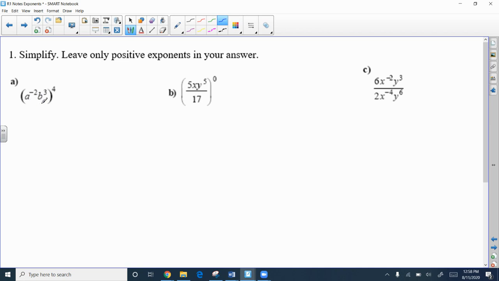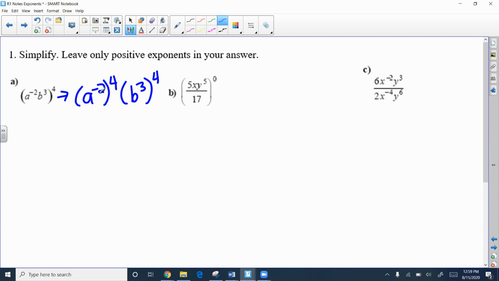This one's a base of a and this one's a base of b. But I can put both parts in the parentheses to the 4th power. So it would look like this: a to the -2 to the 4th, and then b to the 3rd to the 4th. Okay, so I used rule 6 to put those both to the 4th power.